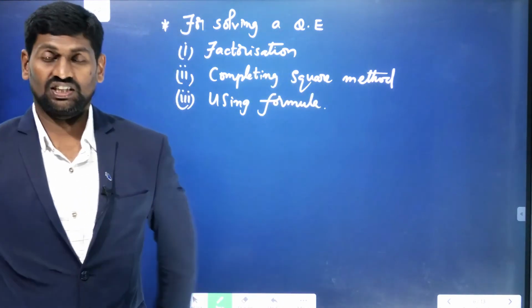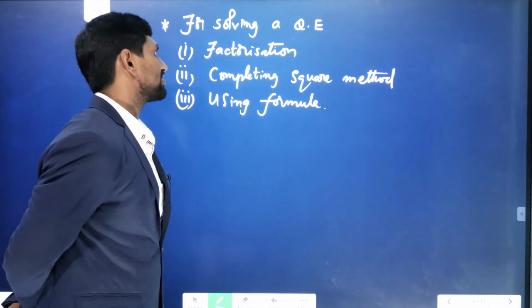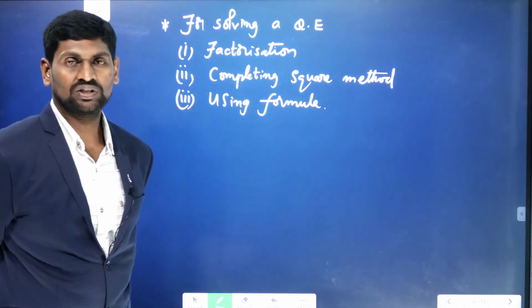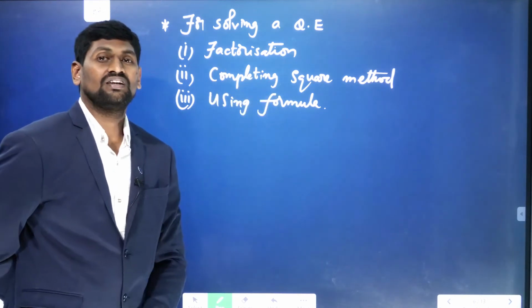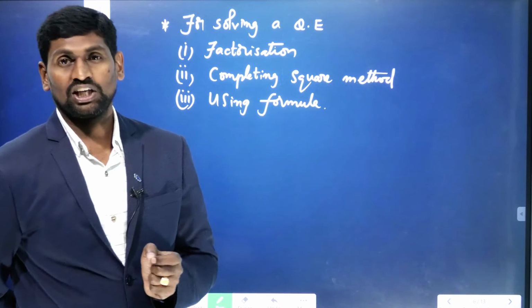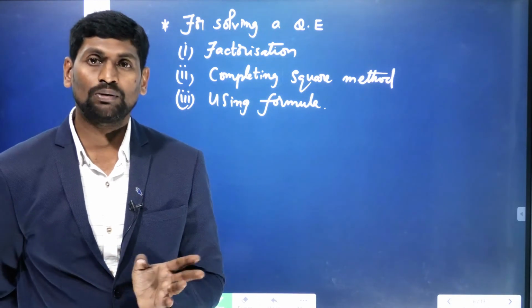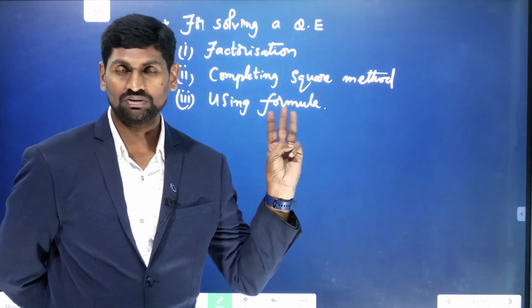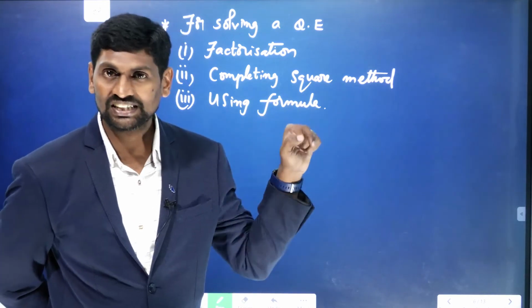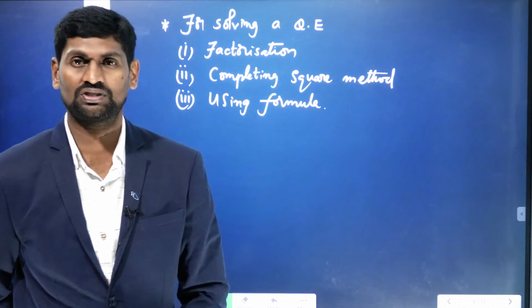These are the main three ways to find the roots of a quadratic equation. Sometimes factorization won't work out. That means if a quadratic equation has factors in the form of complex numbers or non-real numbers, like the third case, b square minus 4ac less than 0, I said no real roots.